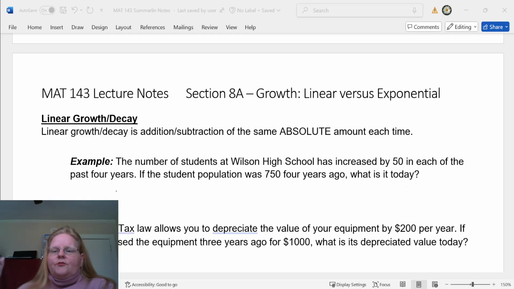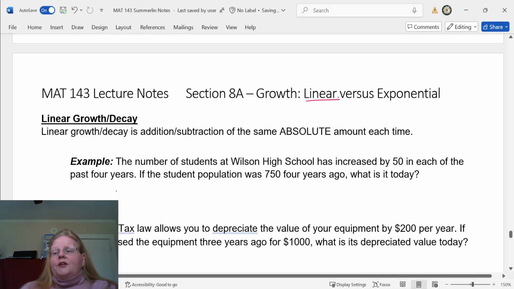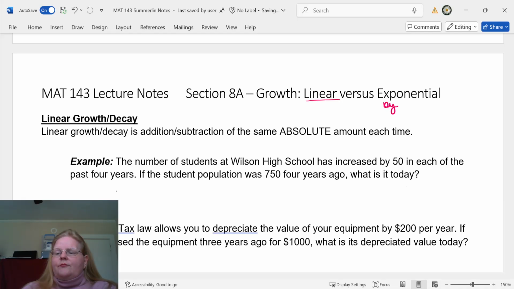Okay, so for section 8A, we're talking about growth of linear versus exponential. When we talk about linear things, they have to be in a line. When we talk about exponential things, they grow by percentage. And linear obviously is a line, so exponential is not going to be a line, it's going to be a curve.